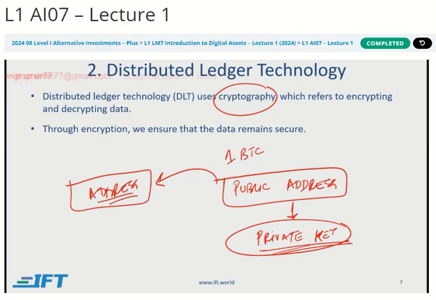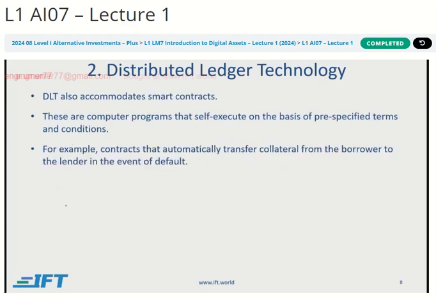And all those nodes are going to use cryptography to confirm that yes, it is you, the owner of this public address, because it's your private key which is signing off on this transaction. That's how they make sure that this transaction is valid, and everybody will then deduct 1 Bitcoin from your balance and add 1 Bitcoin to this balance, and then everybody will update their ledgers, and then we'll move on to the next block. So this is how it works.